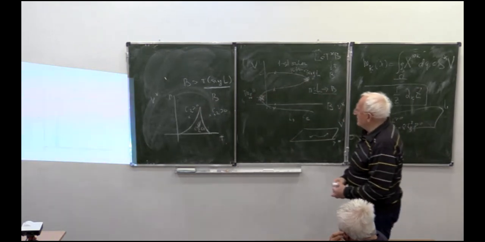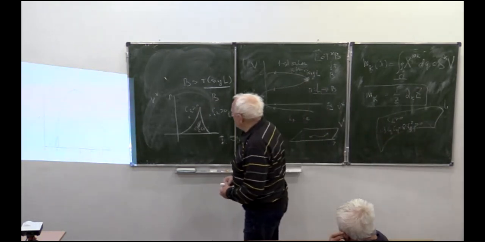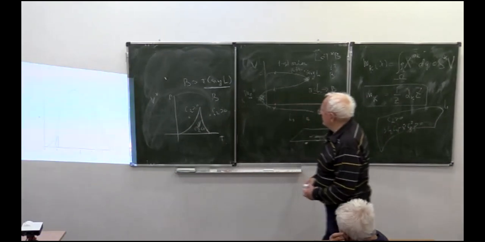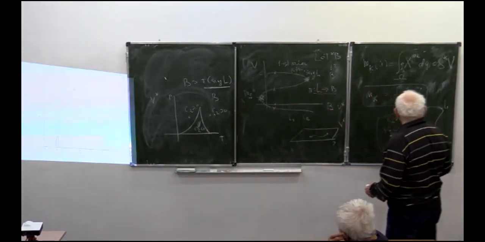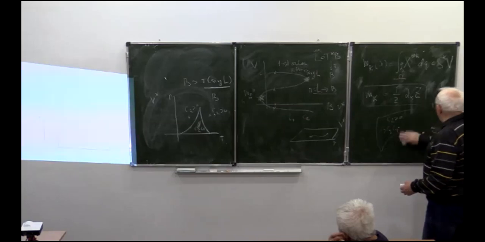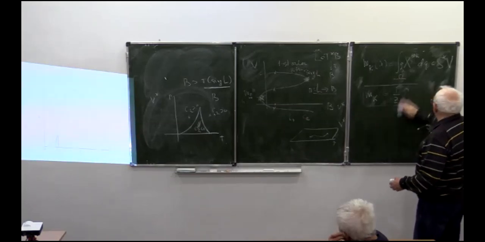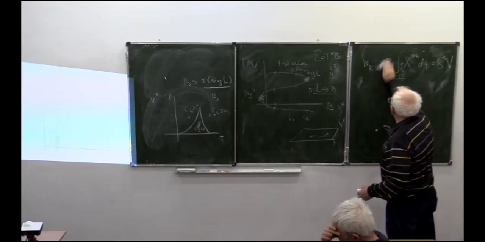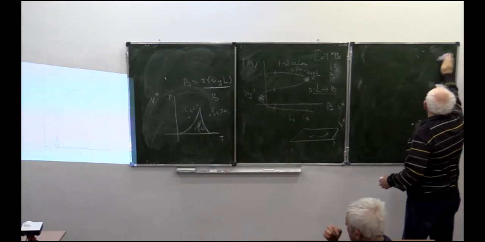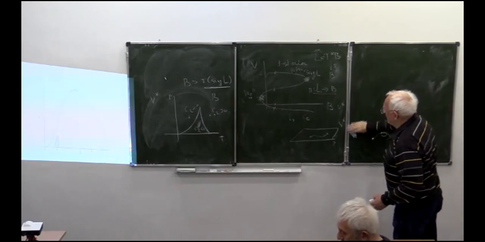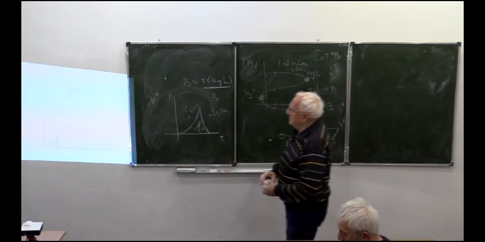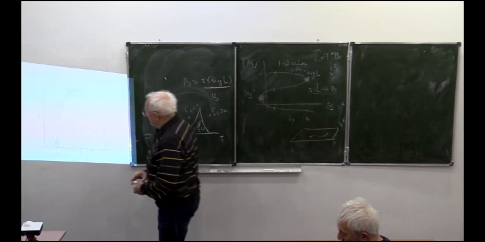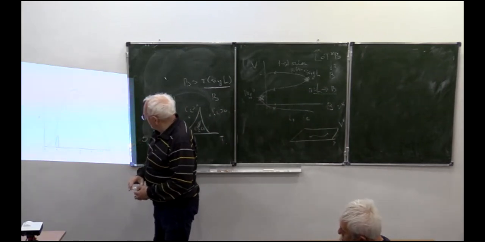Okay, so these are very simple and very visible singularities, the first ones. But more remarkable are the so-called singularities of higher order: second order singularity, third order singularity, and so on.